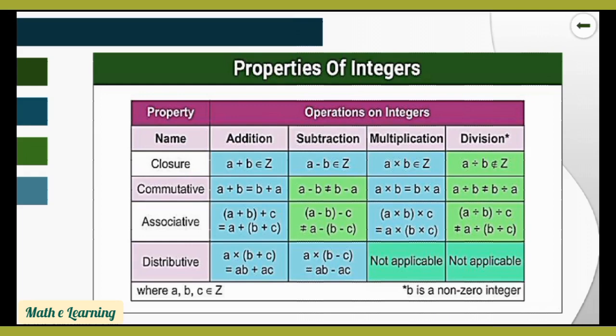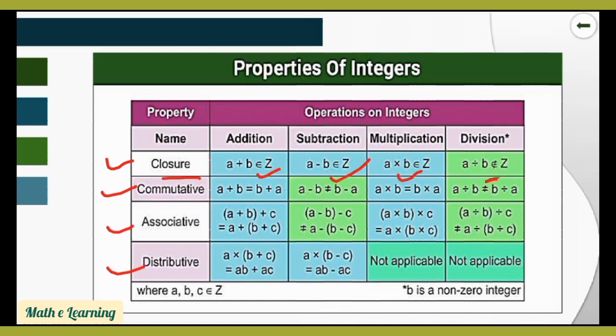And all these properties are covered in this table, and if we go through this table, here 4 properties are given. This closure property applies to addition, subtraction and multiplication.